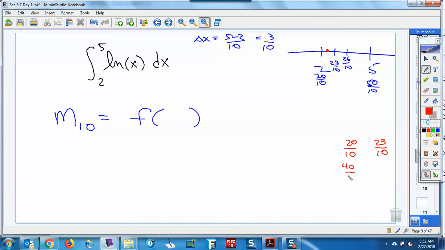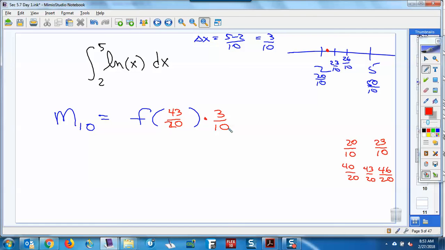You double these. You say, okay, this would be 40 twentieths and 46 twentieths. So what's halfway in between? 43 twentieths. So this is going to be 43 twentieths times a width of 3 tenths.